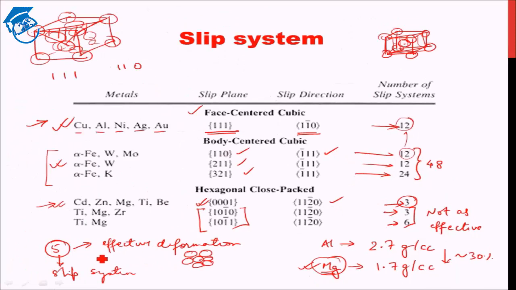There is something which I won't go into the details of, known as twins. In the case of magnesium, in addition to the 3 slip systems provided like this, 1.5 slip systems are provided by twins. That gives a total of 4.5 slip systems. Now, for the lacking 0.5 slip system, additional alloying elements are added, and a lot of research is going on to bring it to 5.